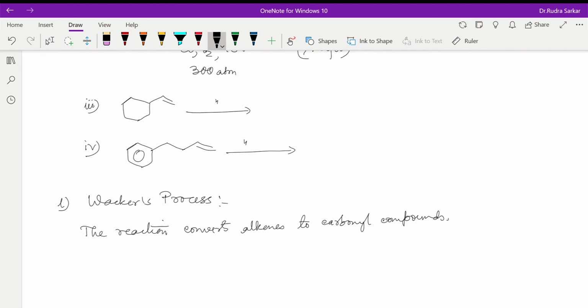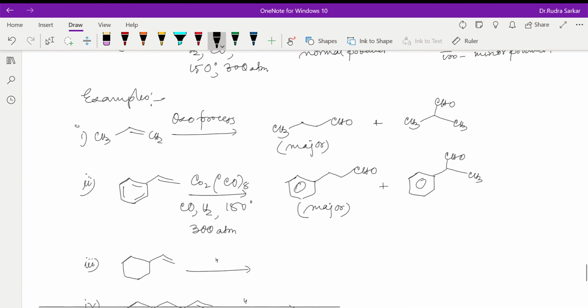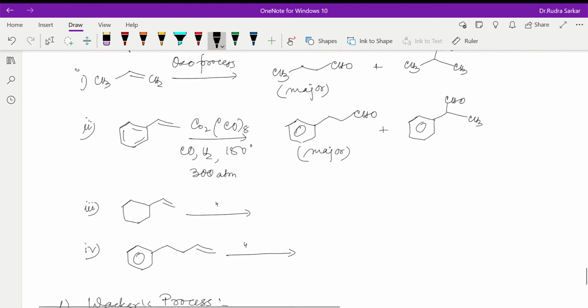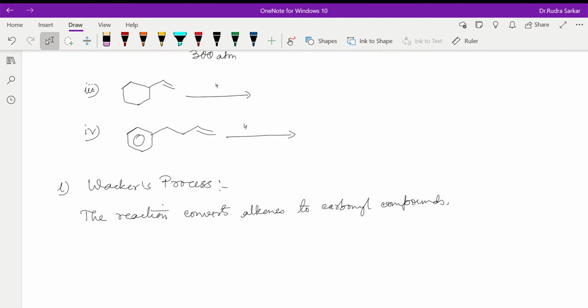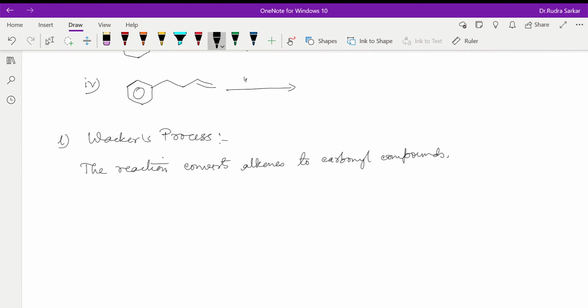Now, always remember whenever you are doing questions on these types of catalysts, also remember that questions from coordination chemistry can also be asked in combination with these kinds of organic reactions. Okay, so here the general reaction I'm writing for you.